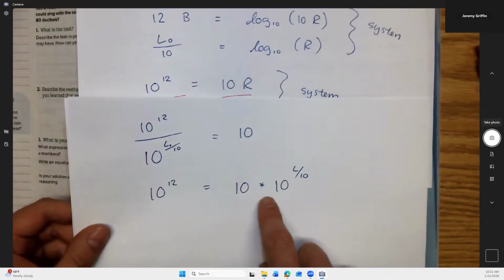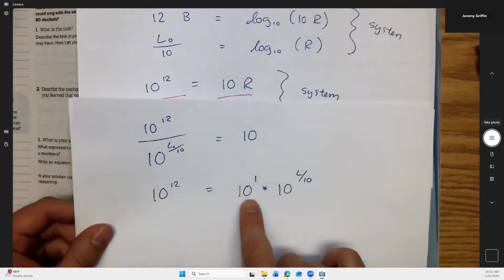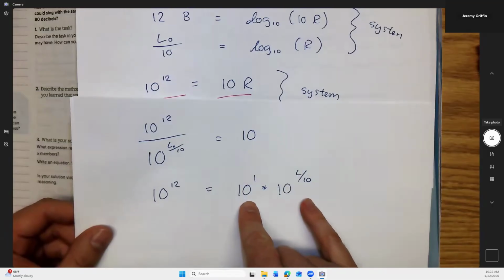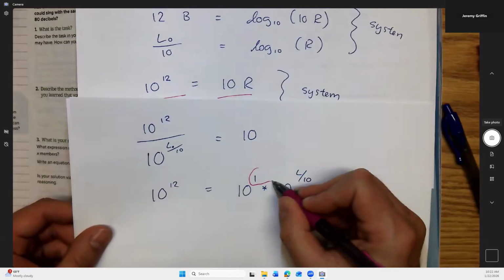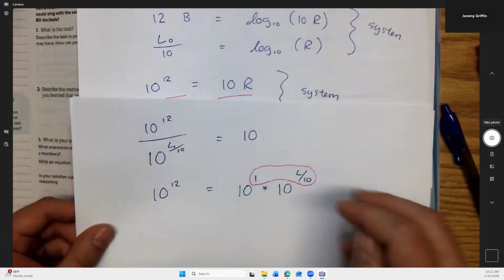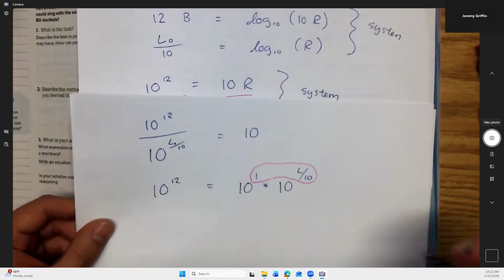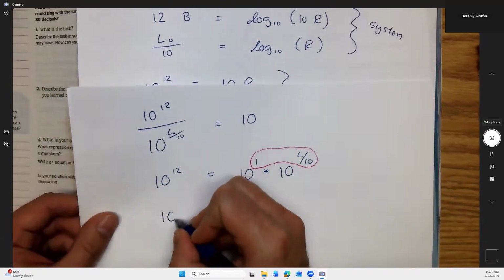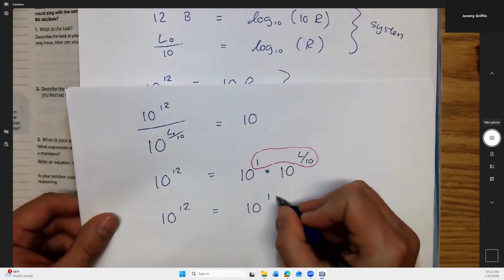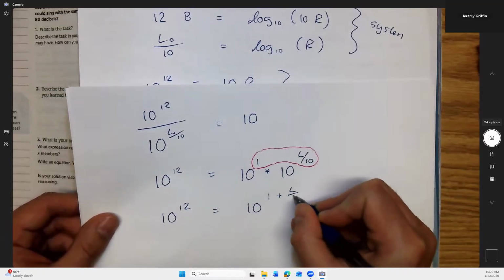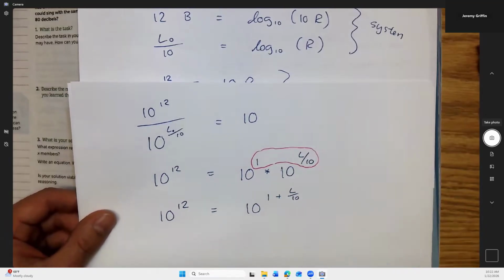Isn't this basically 10 to the 1 times 10 to the something? Can I combine these exponents? How do you combine exponents if you multiply and they have a common base? You add. So you say 10 to the 12 equals 10 to the 1 plus L over 10. That's true, right?